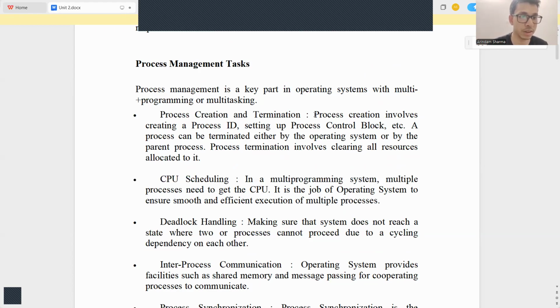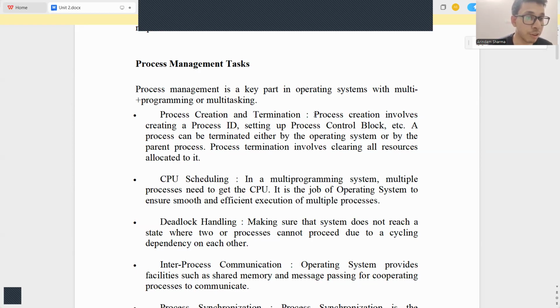A process can be terminated either by the operating system or by the parent process. Process termination involves clearing all the resources allocated to it. Whenever a process is created, that is process creation, and when it is terminated, it has either completed its entire execution on its own, or it is terminated by the operating system or by the parent process.